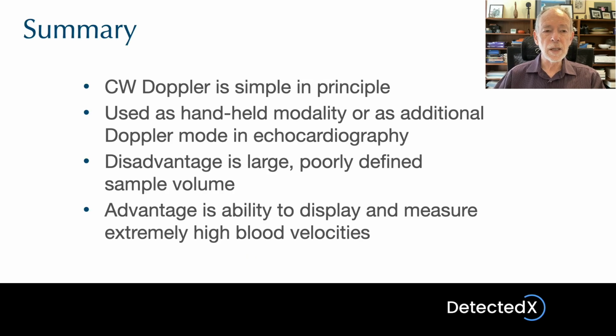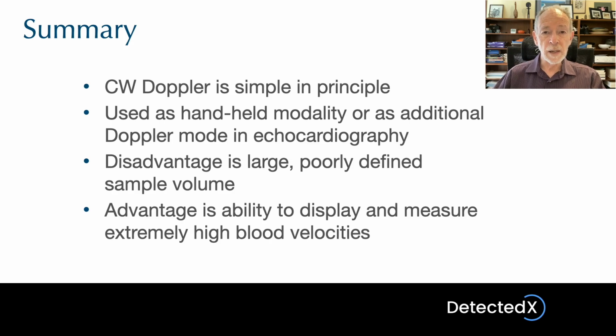So in summary, continuous wave Doppler is very simple. Handheld units can be very small, compact. You can just carry them in your pocket. But in addition, CW Doppler is also incorporated into very sophisticated echocardiography machines. It's not built into general purpose machines as a rule.